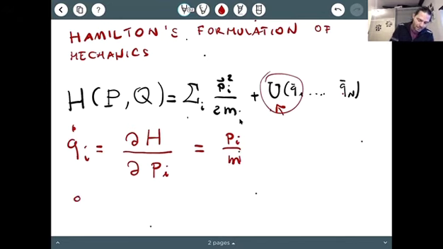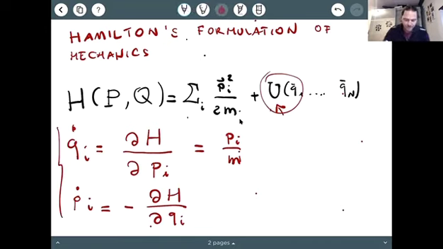And the time derivative of the momenta is built from the negative of the partial derivative of the Hamilton function with respect to position. So these are Hamilton's equations.